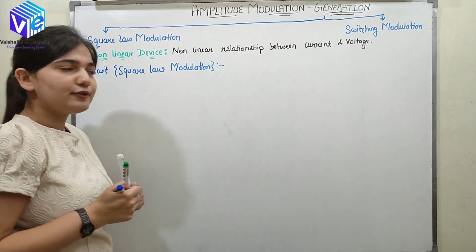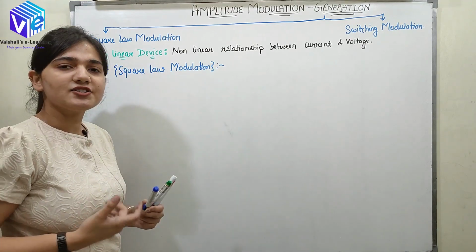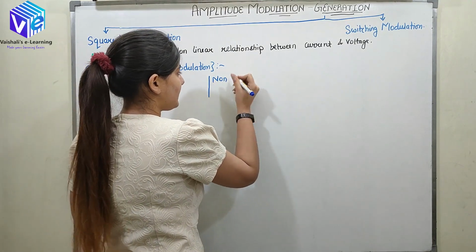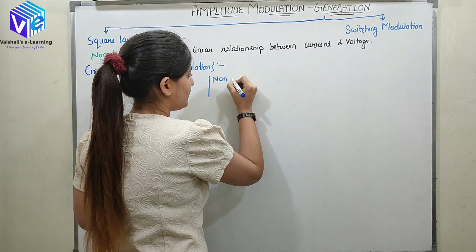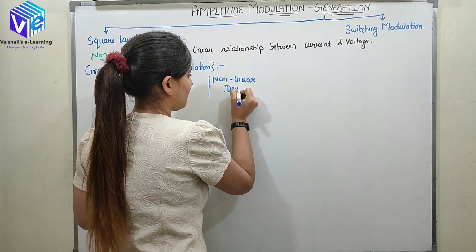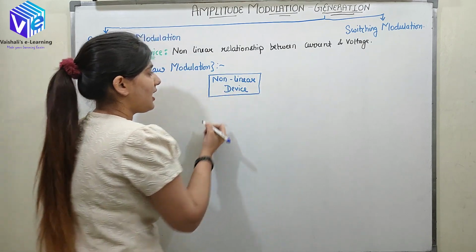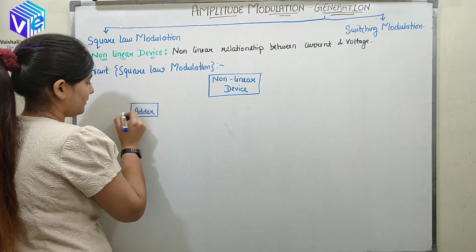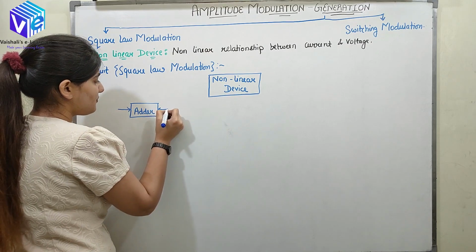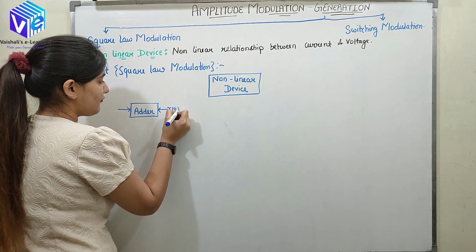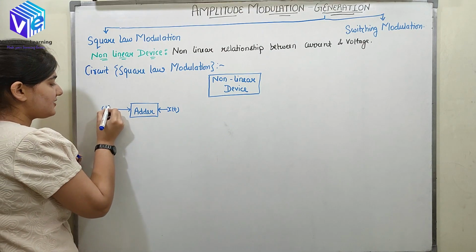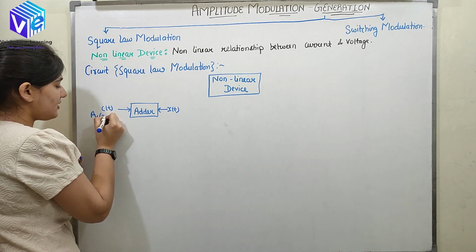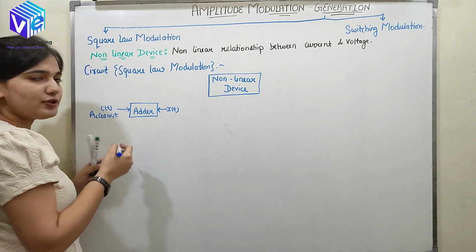As I already told you, there is a non-linear device in the generation of AM waves. So one block would be the non-linear device. You can take anything, the diode, the transistor or anything. After that we have an adder. We have two inputs to the adder. First is the information signal, which is x(t), and second is the carrier signal, represented as Ac cos omega_c t. I hope you remember this.